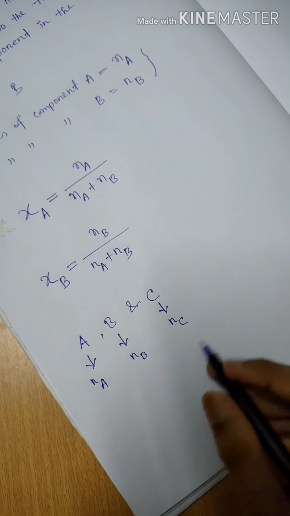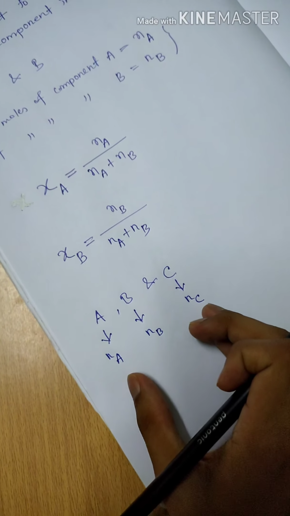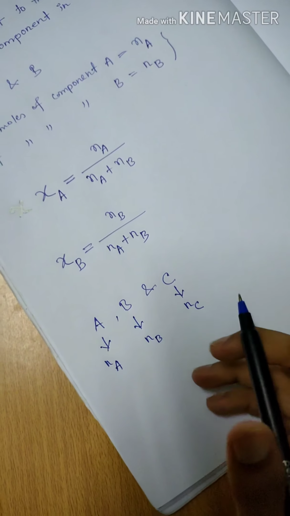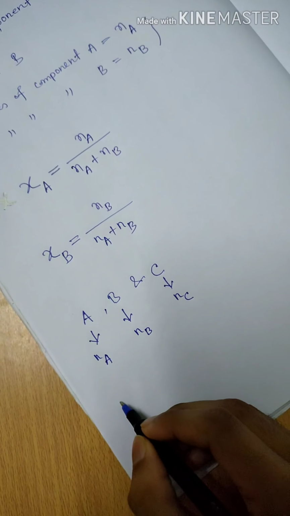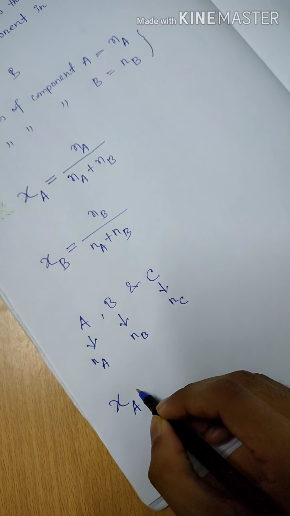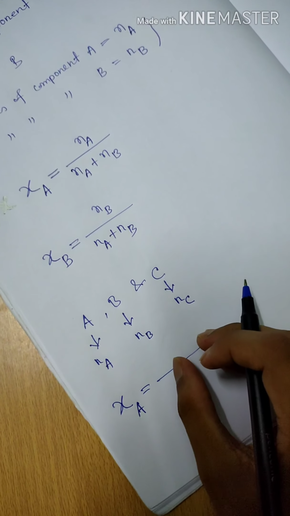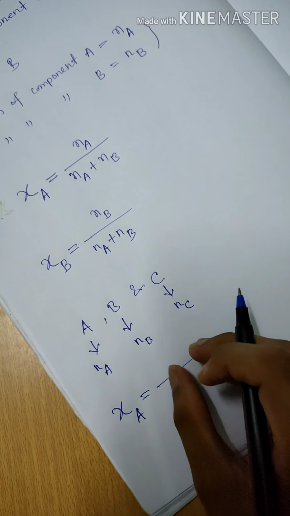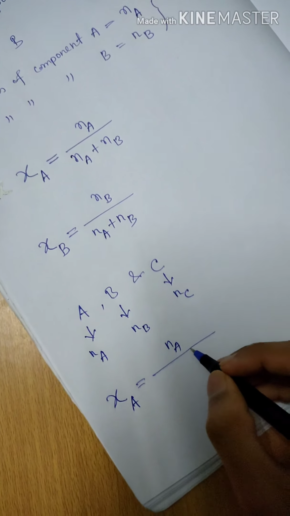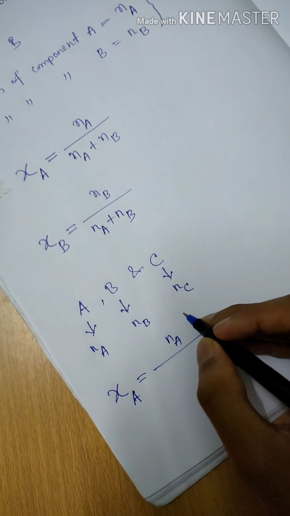Now we are to find the mole fraction of component A, denoted by xi A. In the numerator we write Na, divided by the total number of moles of all components.